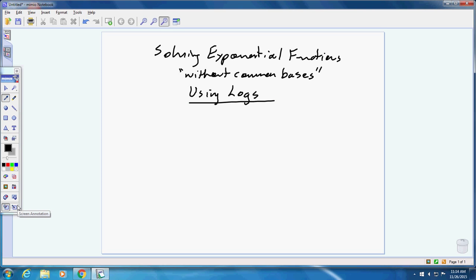That's the big thing. So when you can't use that idea of getting the bases the same to solve the exponential function, you have to use the logs. So as simple as this.